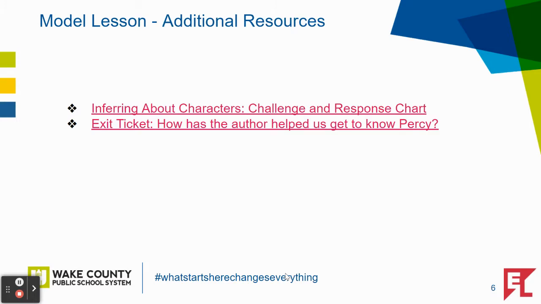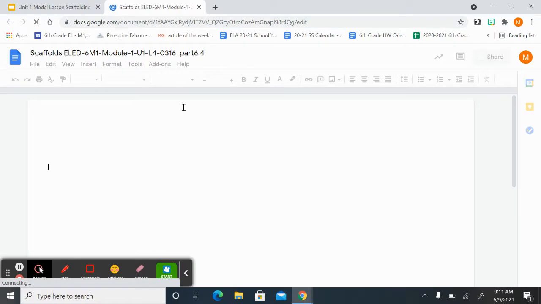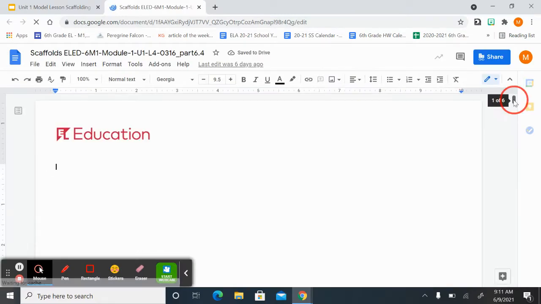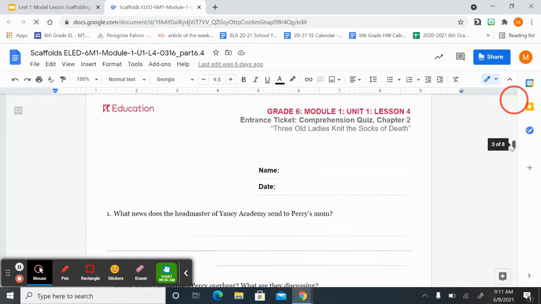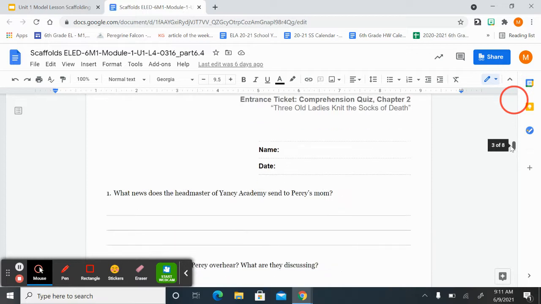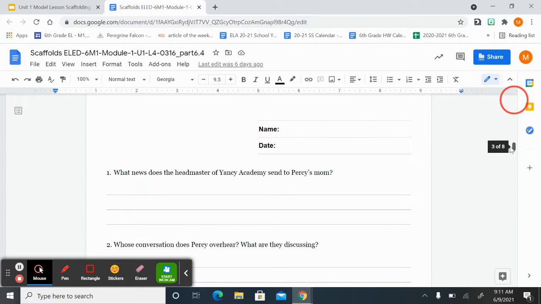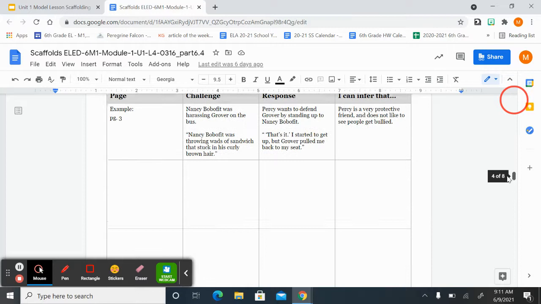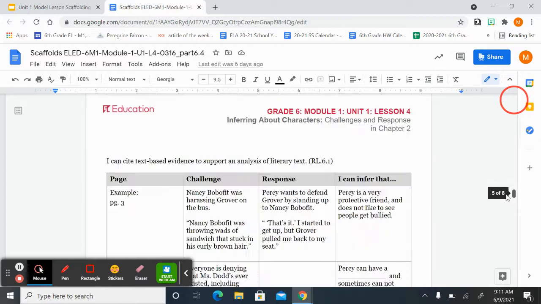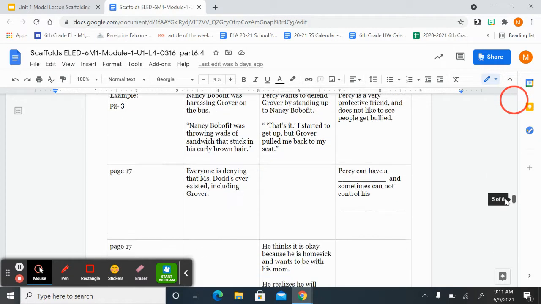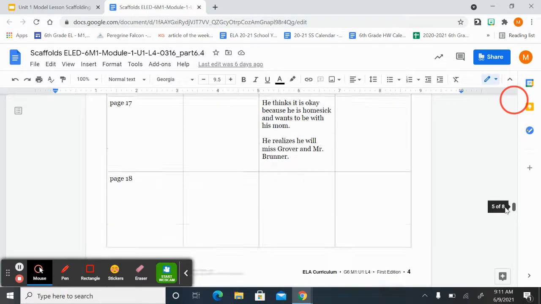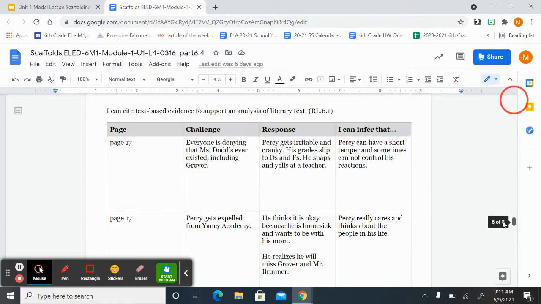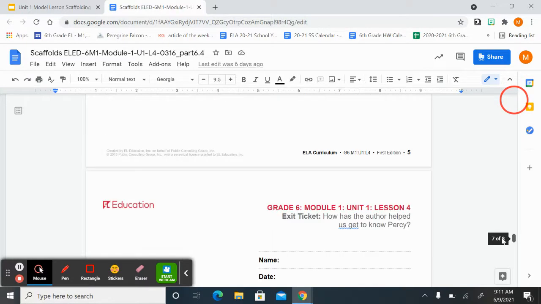Some additional scaffolds that have been created for your use are linked to this slide. In this document, you will see the entrance ticket comprehension quiz, which may be provided early to some students, the original challenge and response chart, the scaffolded version of the chart with some of the information filled in for students, the answer key provided by EL.